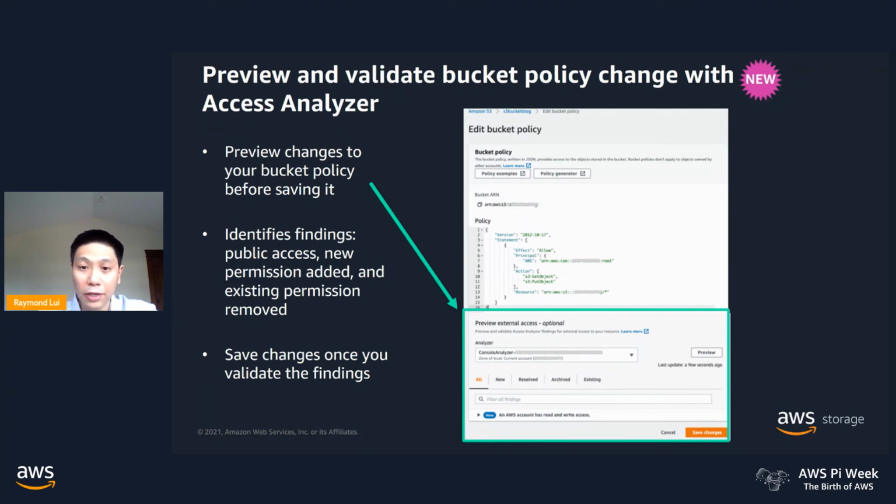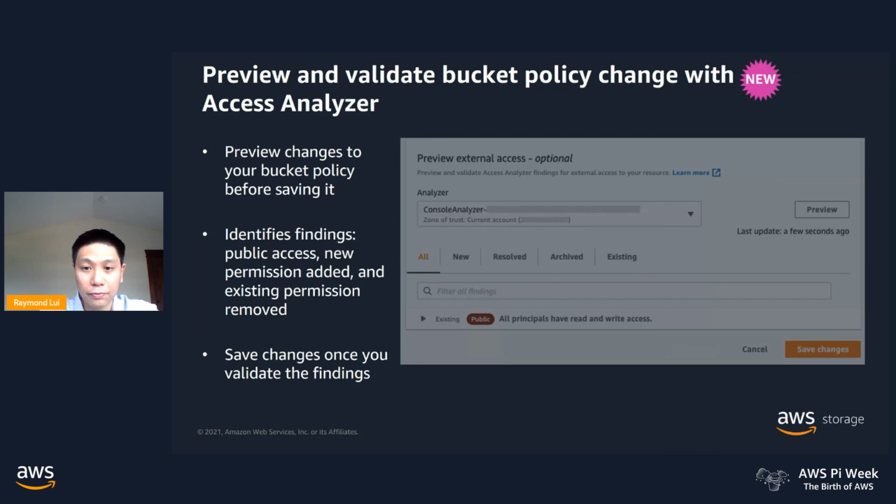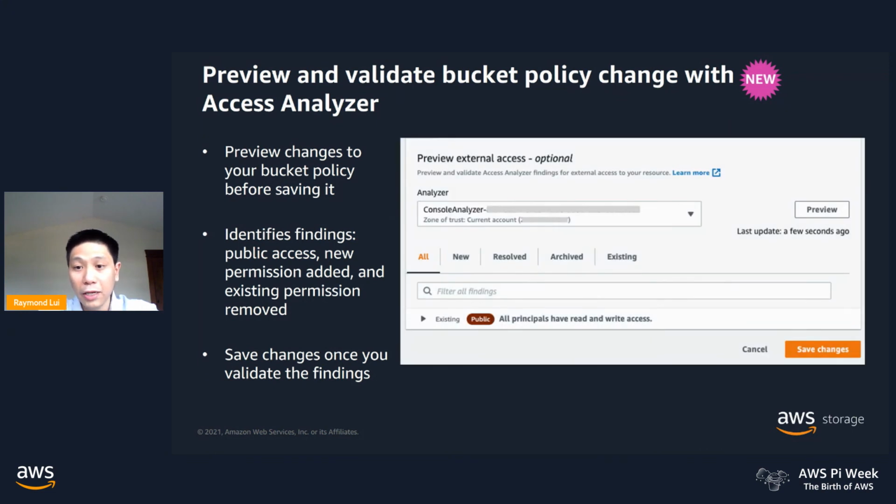Let's do a very simple example. Say we have an S3 bucket with an existing policy that allows public access. If you preview access without updating the bucket policy, you can see that there is an existing finding for public access.